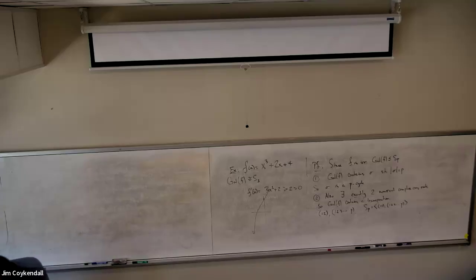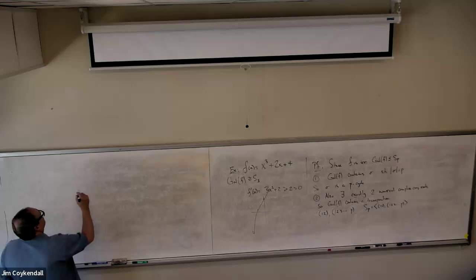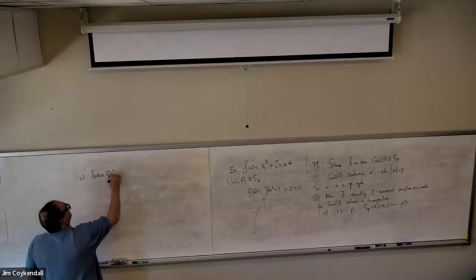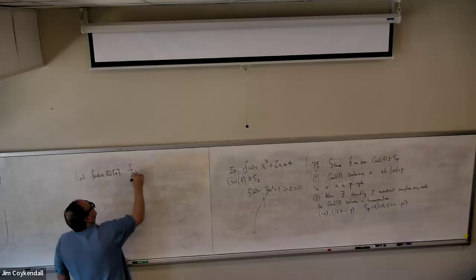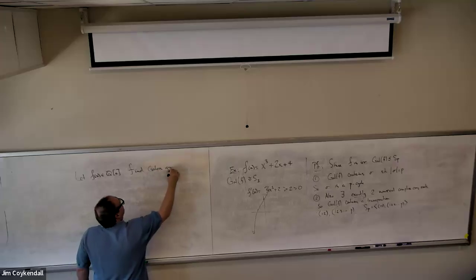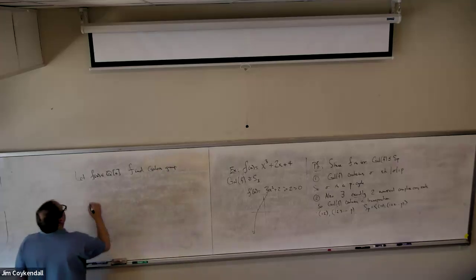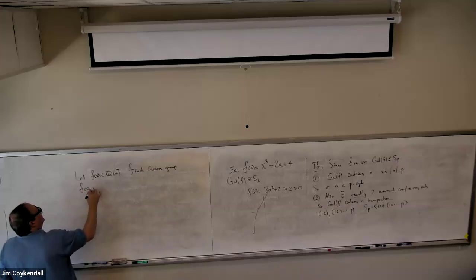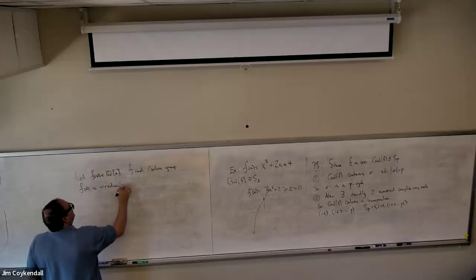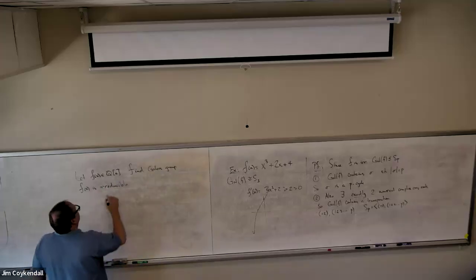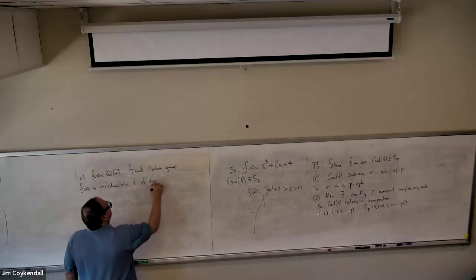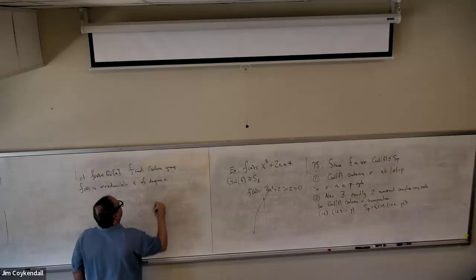So here's how this works. The goal here is to find the Galois group. We will suppose that f of x is irreducible over Q, which means that it's separable because the characteristic is 0, irreducible and of degree n.